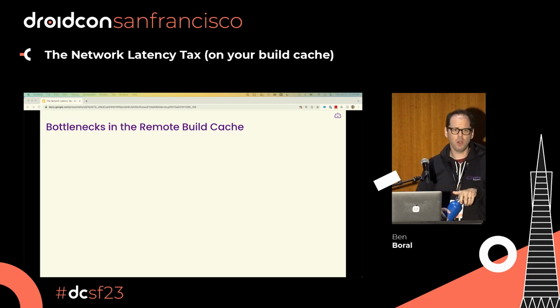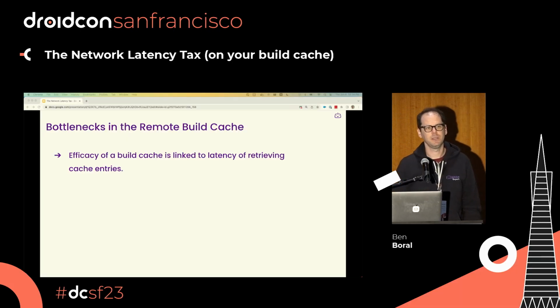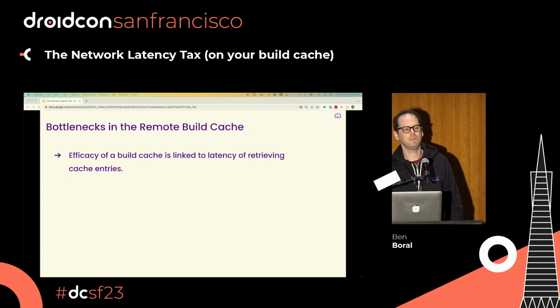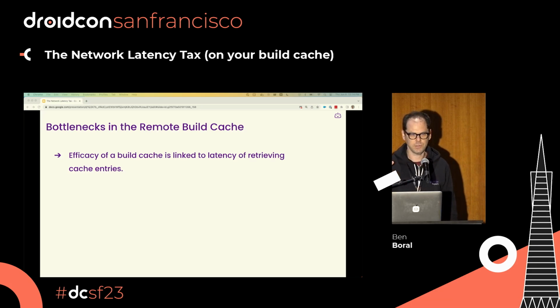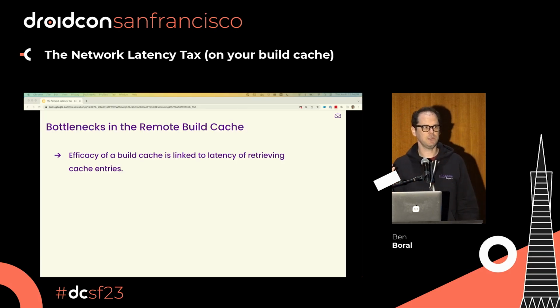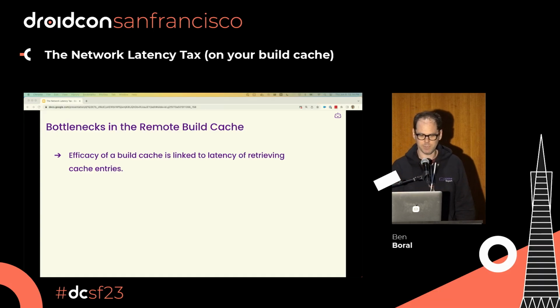All right, so whenever you have a build cache, the performance of that build cache is very tightly linked to the latency involved with sending those cached task outputs back to wherever they're being used, whether that's the CI system that's doing a clean build or the developer laptop.